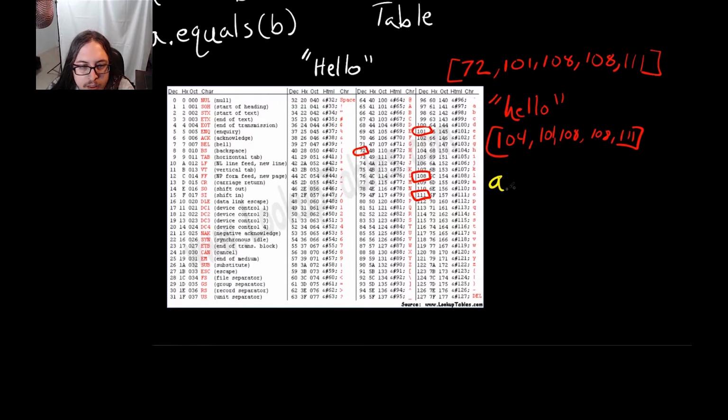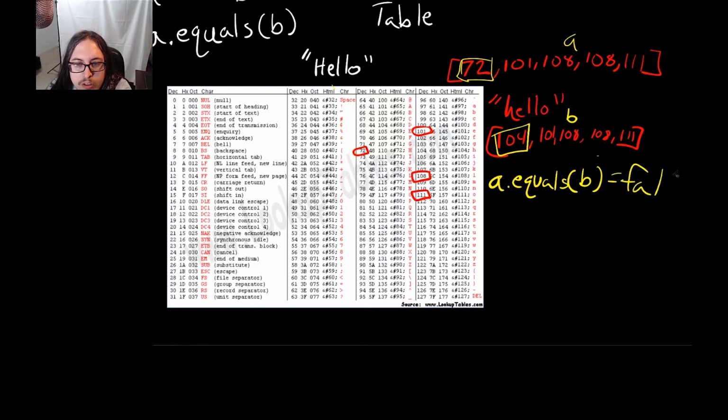If we say A equals B, where this is B and this is A, it's going to say, all right, let me check their lengths. They're the same. Cool. Is the first character the same? The first character here is 72. First character here is 104. Wait, those aren't the same. Are they equal? False.